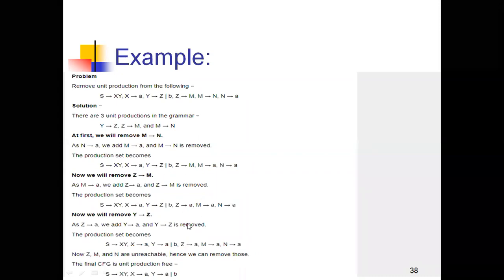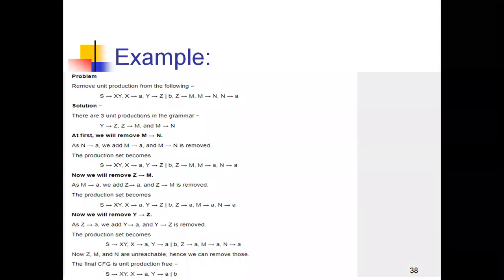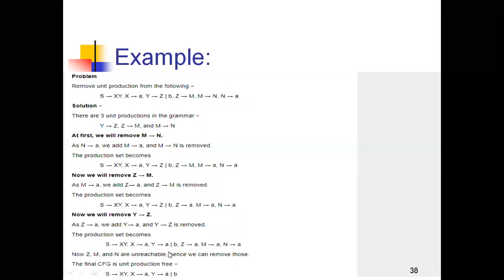After removing the units, finally you need to check which variables and productions are unreachable. The productions derived from the starting variable itself are reachable; otherwise the remaining ones all come under unreachable.